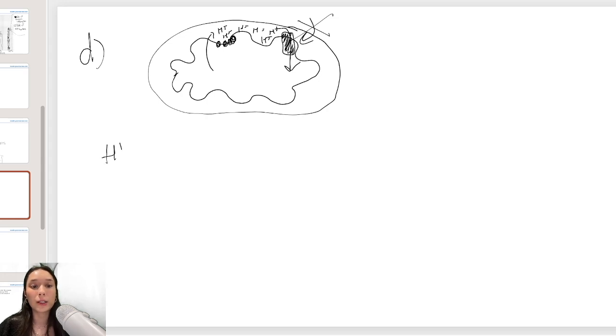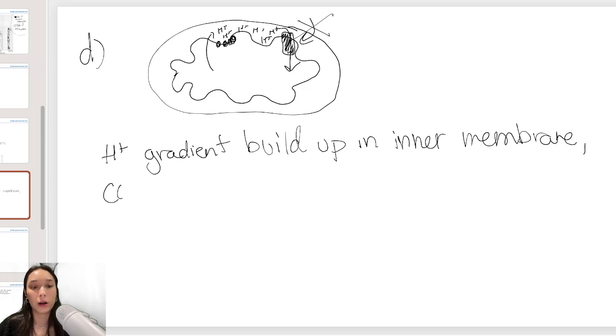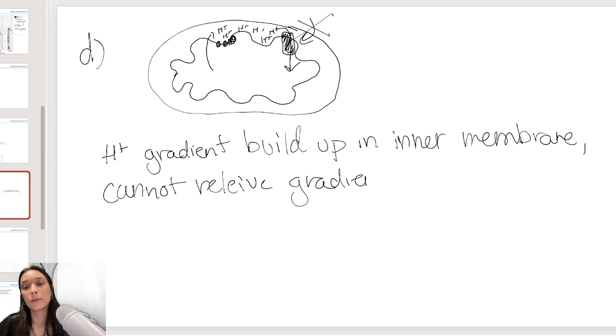So the H plus gradient would build up in the inner membrane. However, you would not be able to relieve that gradient. The H plus can't flow back through the ATP synthase.